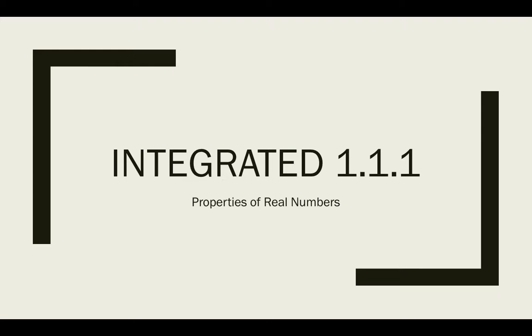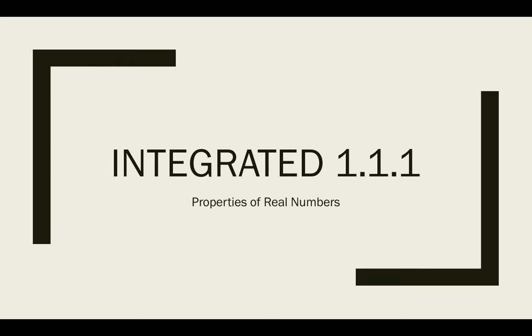So this will be our first video for Integrated 1, and this should be a really quick unit on some review from 8th grade math that's going to help us for Integrated 1. Just to talk about what Integrated is, which I'm sure I will tell you in class as well: Integrated is basically two subjects together, algebra and geometry.